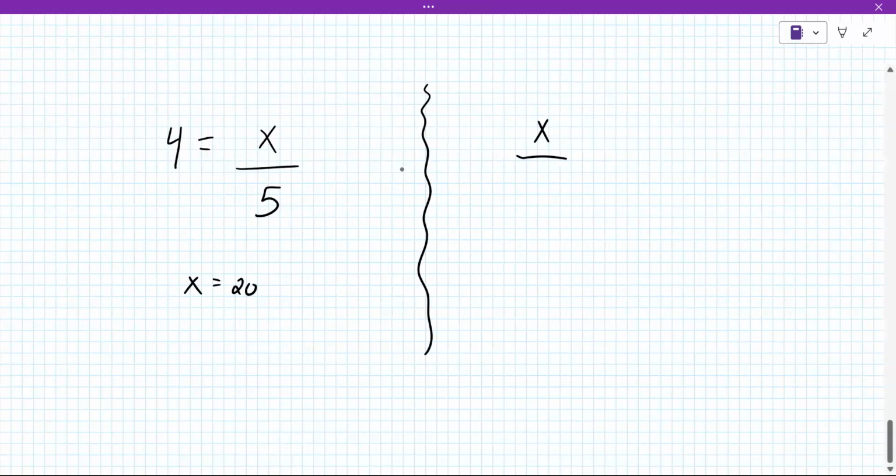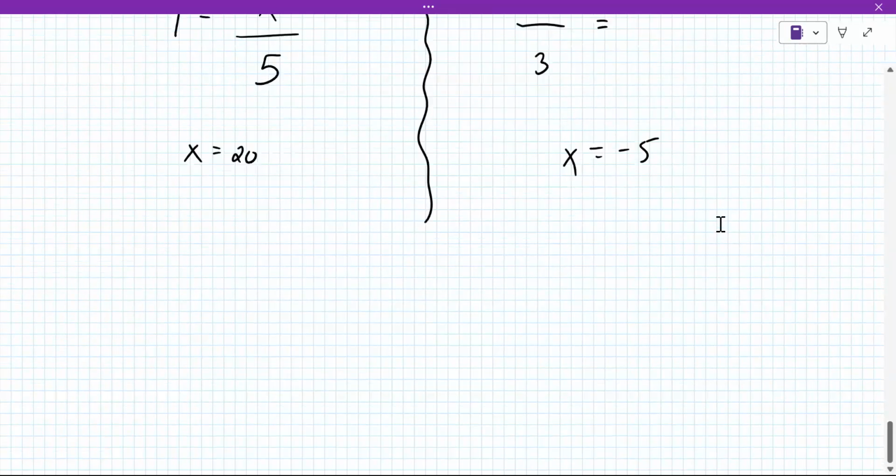Let's say it's x divided by 3 equals -5. That right there, we can just say it's going to be 3 times -5, which is -15. Very good. X is -15.